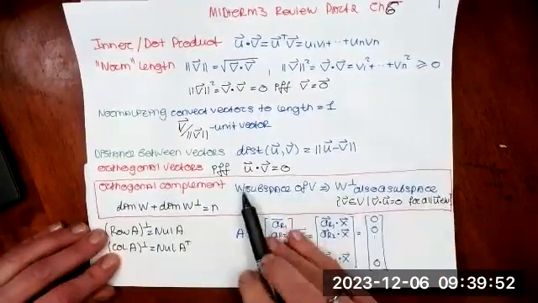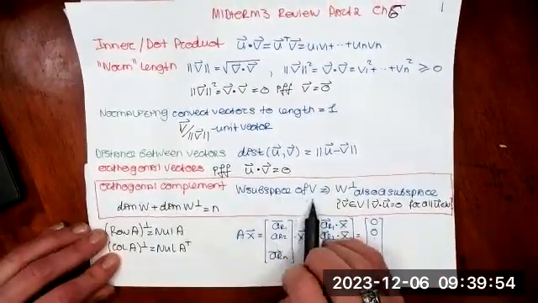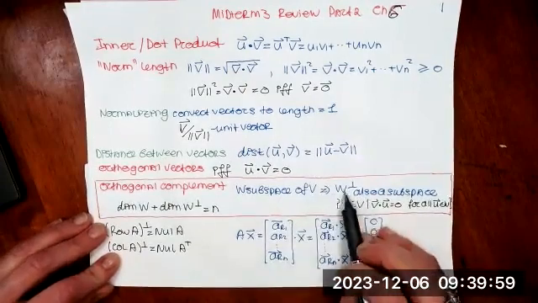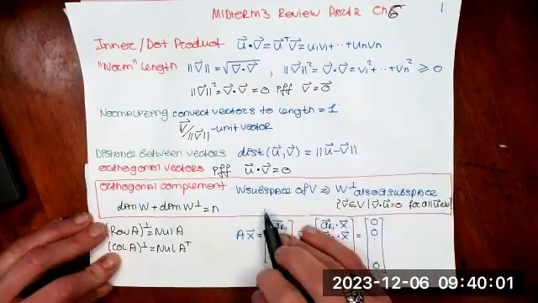Right? If I take any subspace W of a vector space V, not V itself, because then this would be empty or just zero.